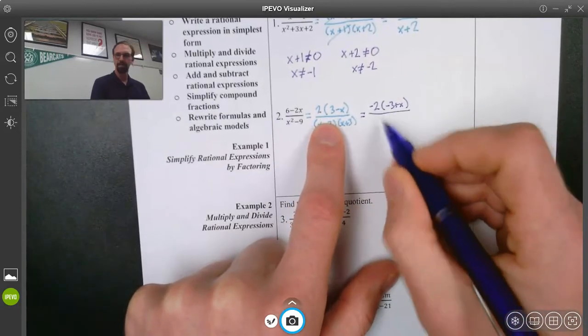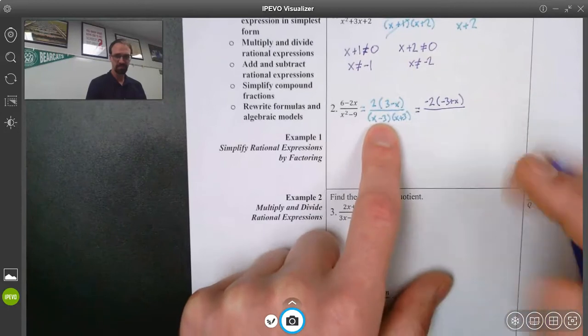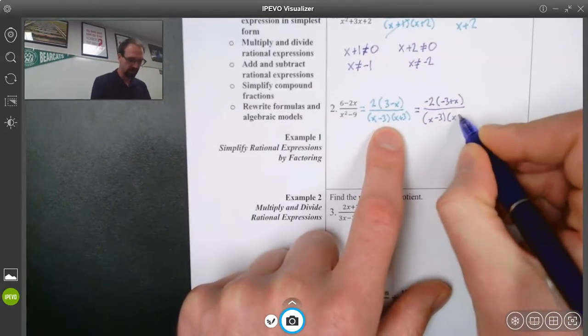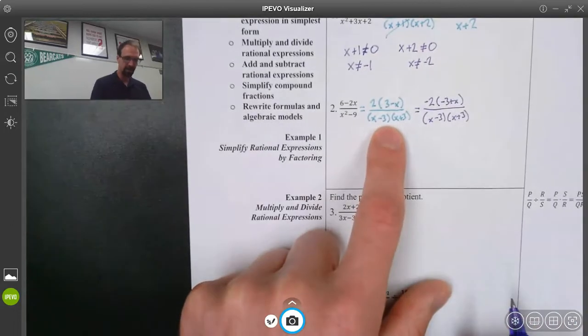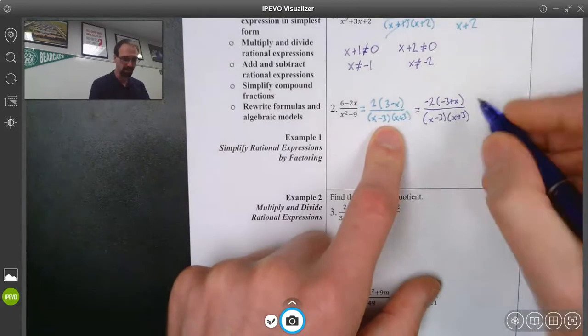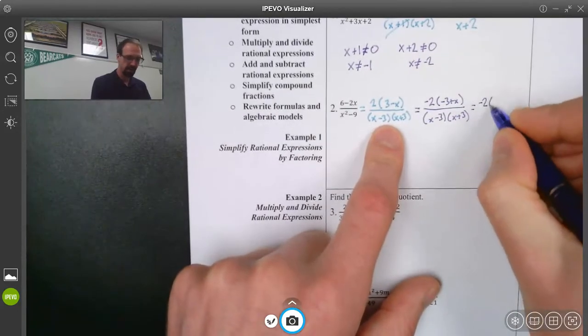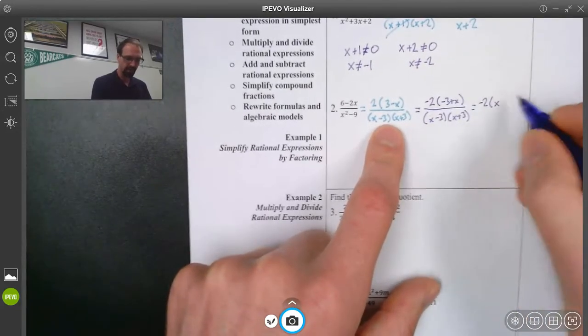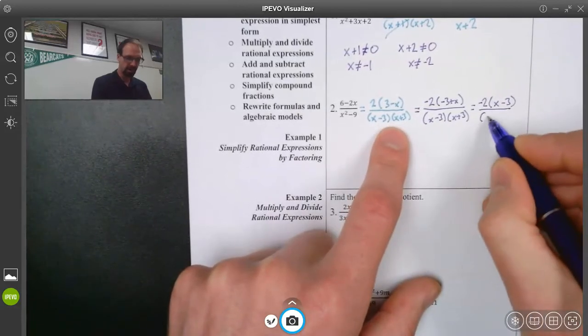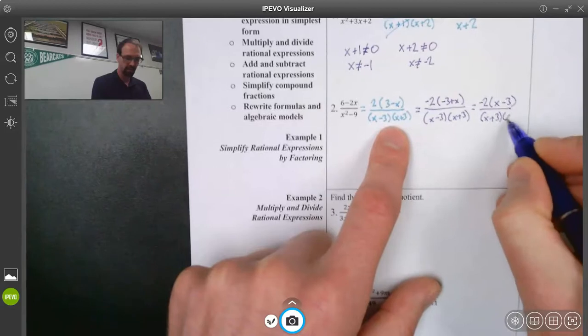Well, let's see where this takes us. The denominator is still going to be x minus 3 and x plus 3. It doesn't look like anything so far, but let's go ahead and put that x in front. Let's rearrange the order, and you can do that. It's perfectly fine. So I have -2, parentheses, and then if I rearrange these, x is in front, and then minus 3 all over x minus 3 times x plus 3.